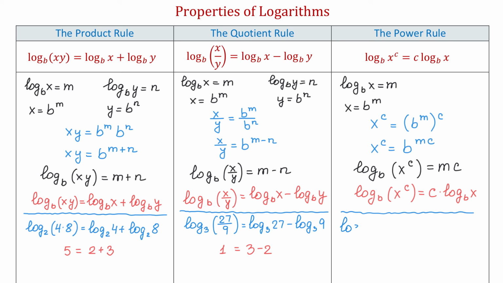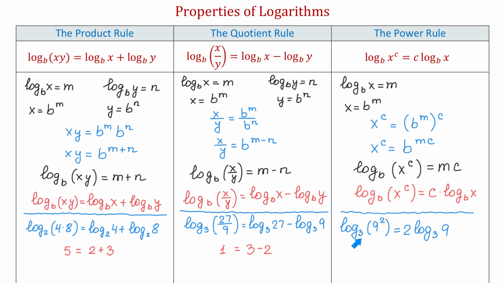Log base 3 of 9 squared. According to the power rule, we will move this exponent 2 in front, and we will have 2 log base 3 of 9. And now let's check if these two sides are equal. On the left side, 9 squared is 81.